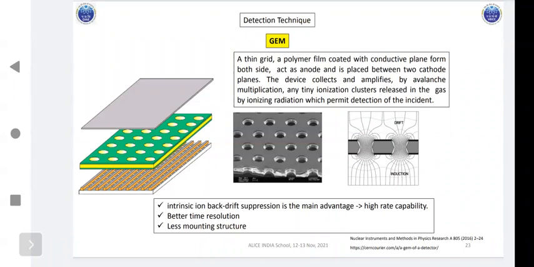Now, if you look at this GEM, probably I will be talking about it when I talk about the ALICE TPC. These holes are spaced about 140 micrometers apart, so very close by. You will find at least 100 holes in 1 square centimeter. So we are expecting 2 particles to reach 1 square centimeter, and you are designing your detector to have 100 holes.